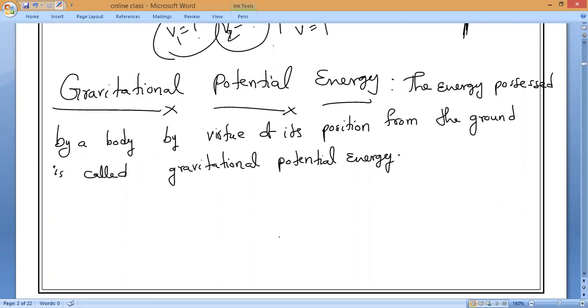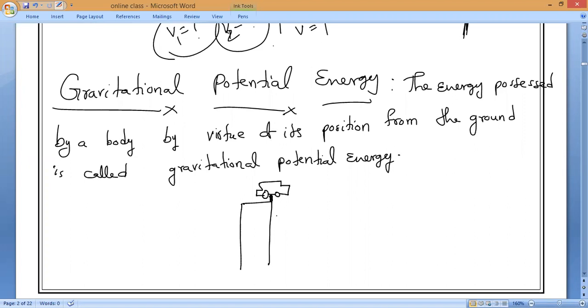Suppose a car is kept, a car is falling, or a car is kept on the roof of a terrace. Now tell me, what kind of potential energy? Is it elastic potential energy or gravitational potential energy? Everyone, all of you. Gravitational potential.